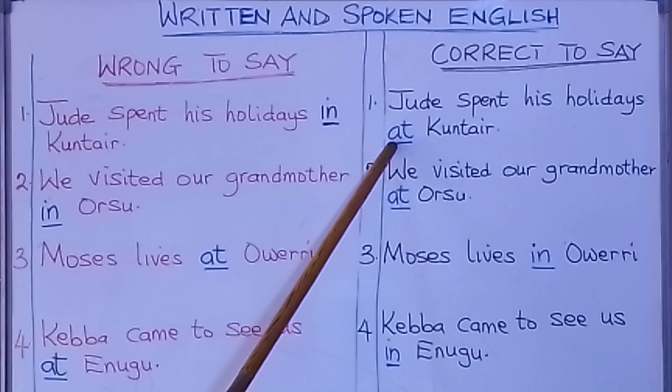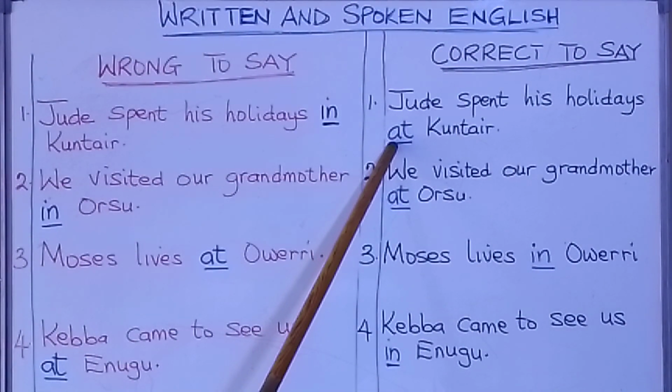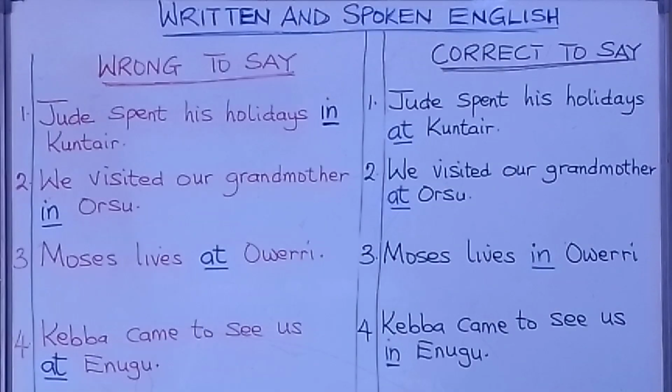But we use at before the names of small towns and villages, or when you are speaking of a distant place. Therefore, it's wrong to say Jude spent his holidays in Kutaya.